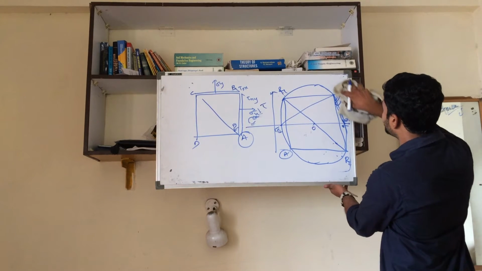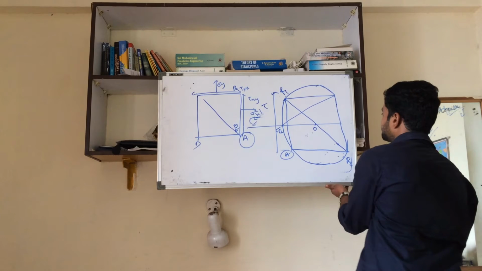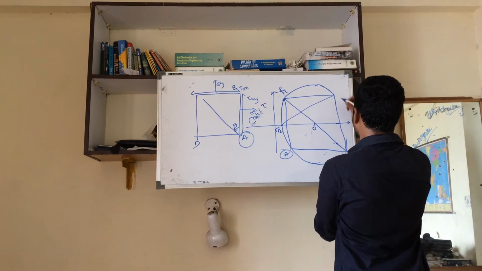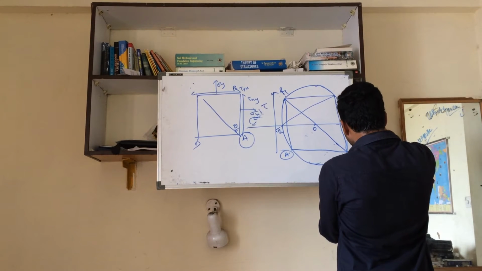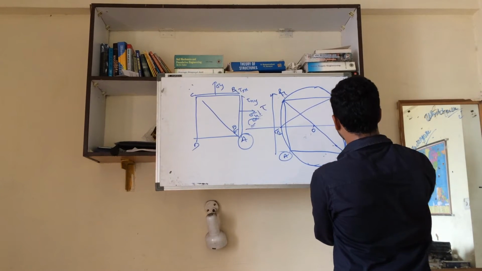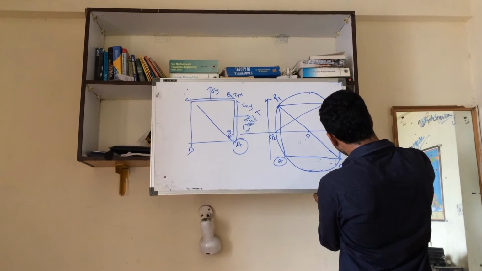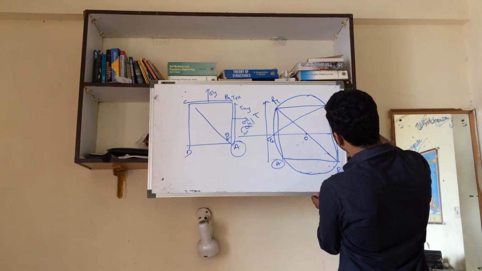I think you understood this theta p1 and theta p2, so I am writing this one. This is like this, this will be like this. This is A. This is theta p1.